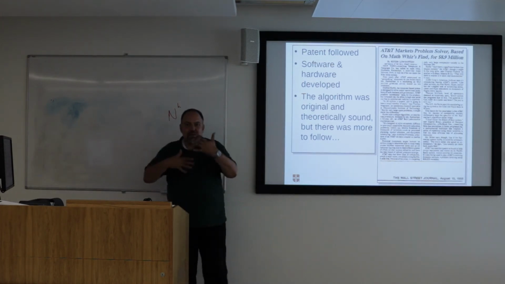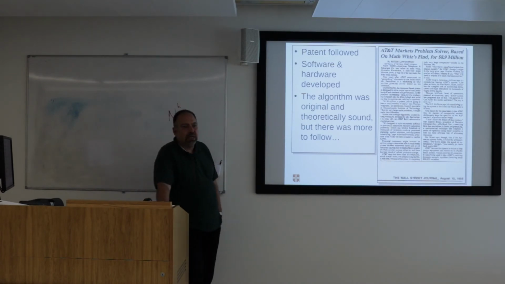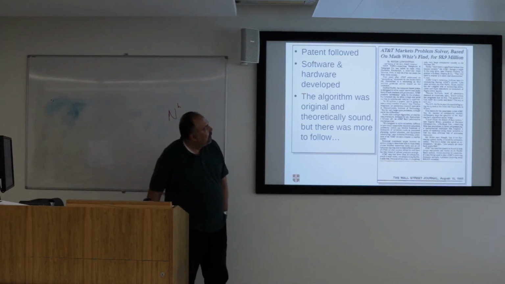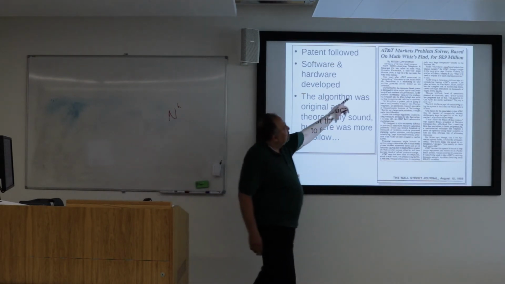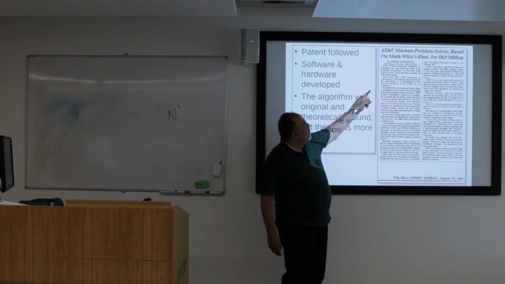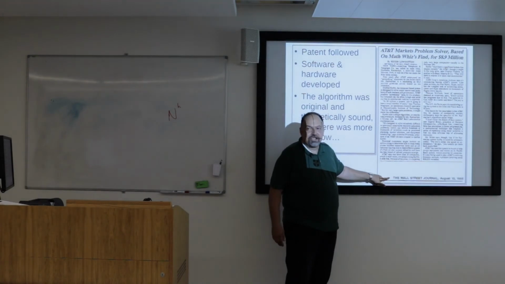So it seemed like there was a little avalanche around the early 80s happening in this area. And you can see for how much they were marketing their solver, for $8.9 million at the time. And this is from the Wall Street Journal.